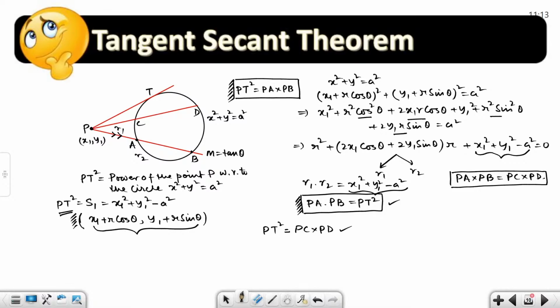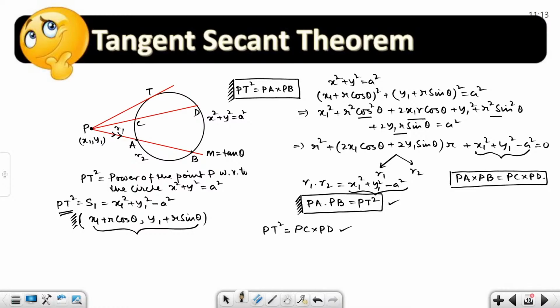Before moving further, let me just summarize what we have got. We got that whenever we draw a secant like P, A and B, where A and B are the 2 points where the secant is intersecting the circle, then we have seen that PA into PB, this product is always equals to the power of the point P with respect to the circle.